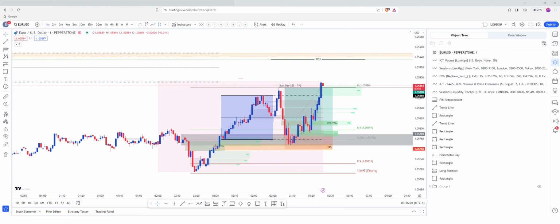So that's TP2 hit nicely now. So we're looking for just a continuation now, see if we can get that TP3.